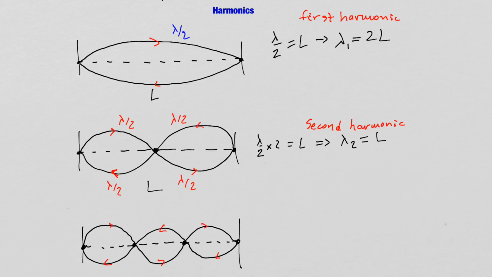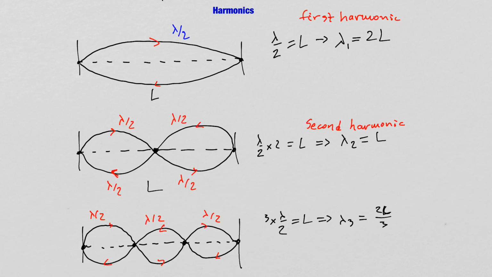Each branch here is lambda over 2. And so we have 3 times lambda over 2 fitted in the length of the string L. So 3 times lambda over 2 is equal to L, or lambda 3 is equal to 2L divided by 3.